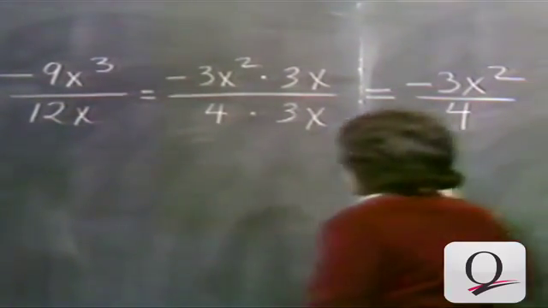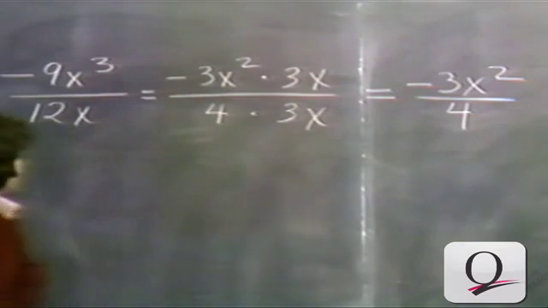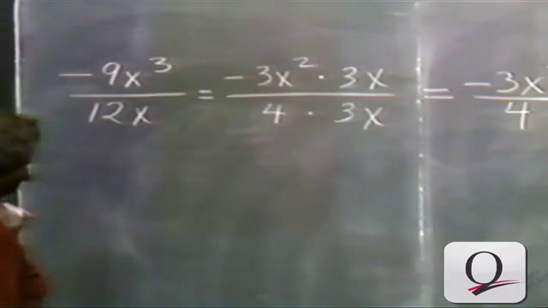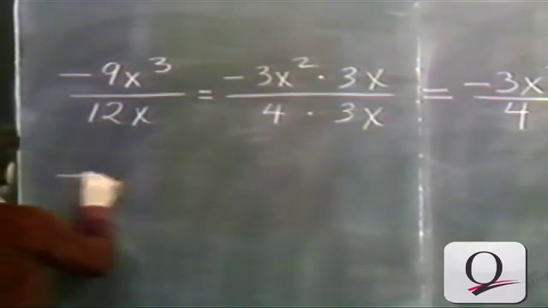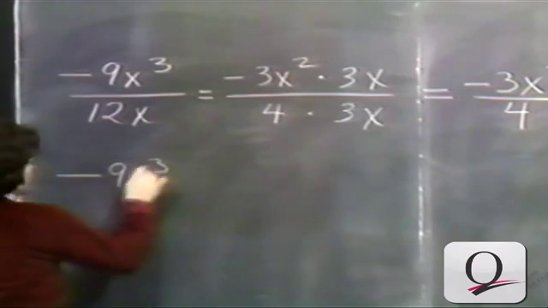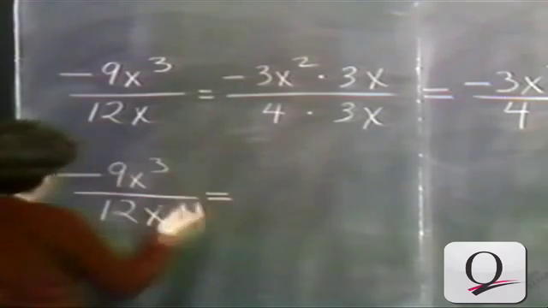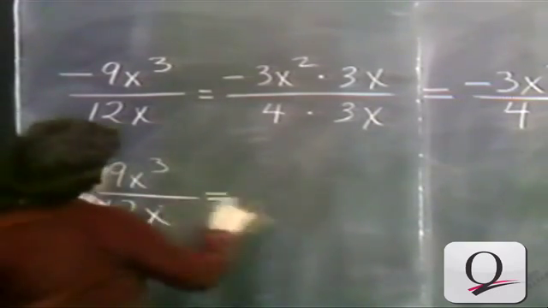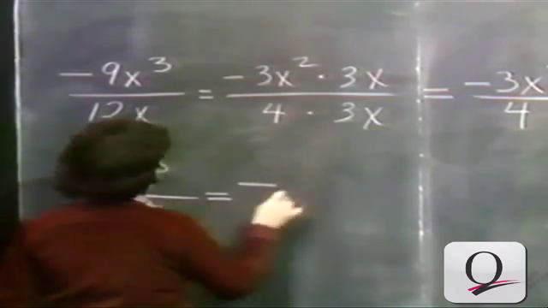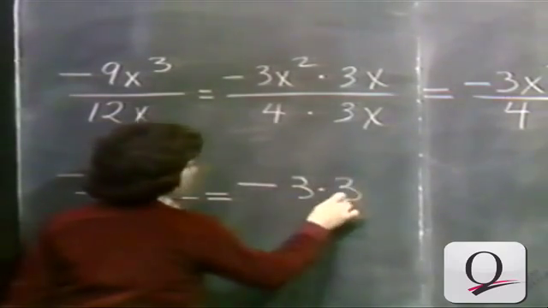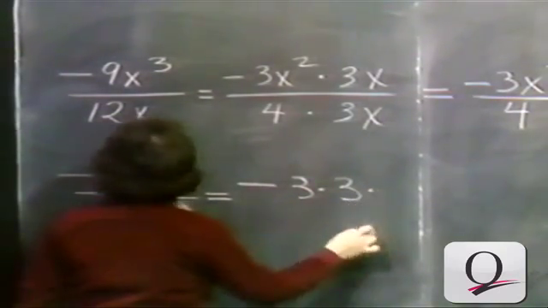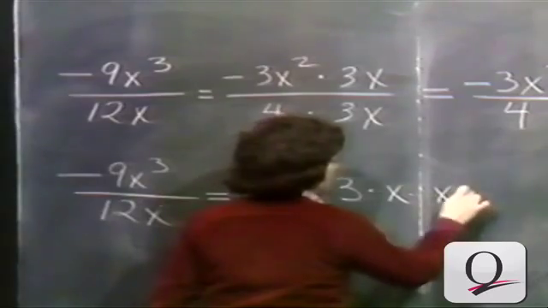Okay, if you cannot see this automatically, there are other ways of handling the problem. One thing you could do would be to actually factor the numerator and the denominator, and make this minus 9, minus 3 times 3, x cubed is x times x times x.